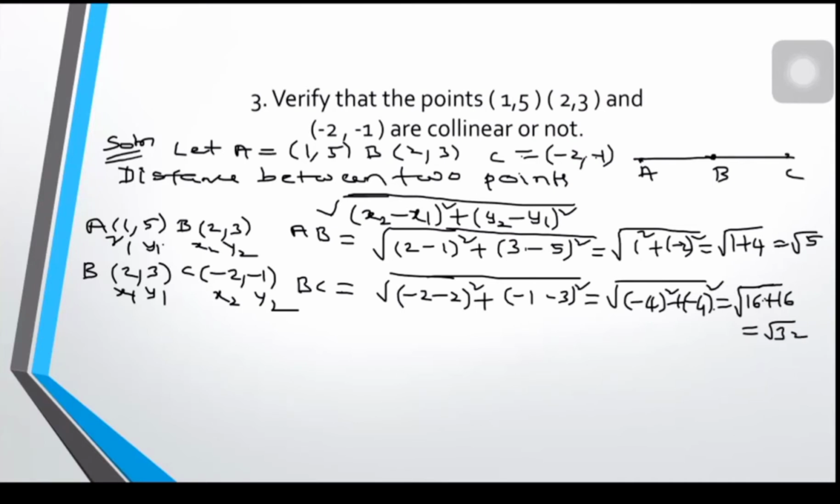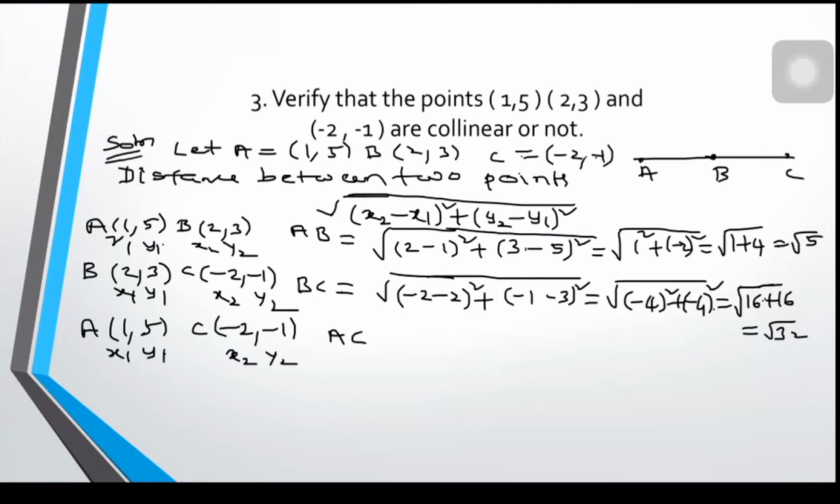Next AC. A is point 1 comma 5, C is point minus 2 comma minus 1. So x1, y1 and x2, y2.